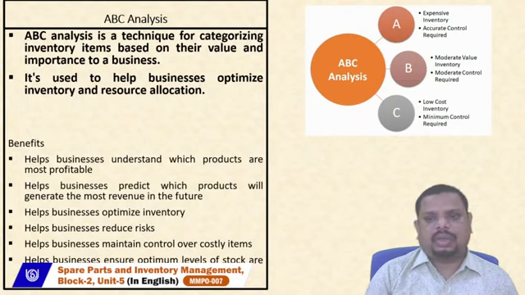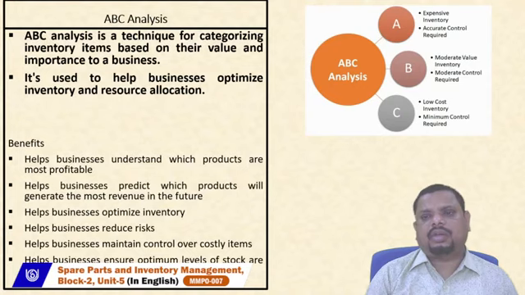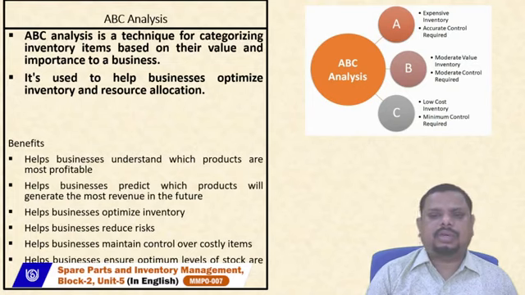In the ABC classification, A items are expensive inventories and accurate control is required. B items are moderate value inventories and moderate control is required. C items are low cost inventories, which means minimum control is required.